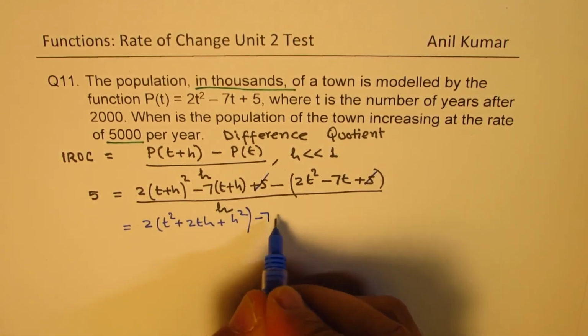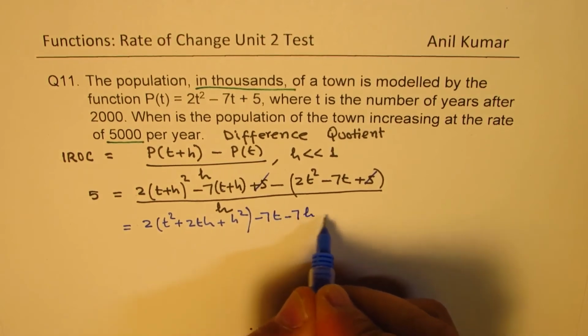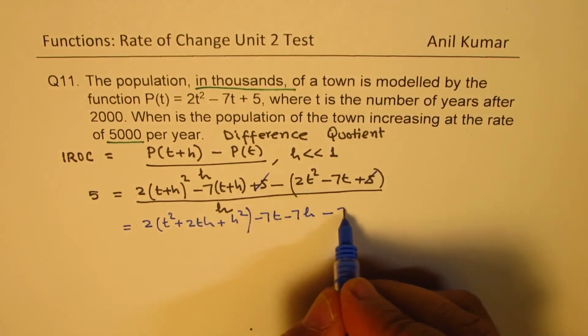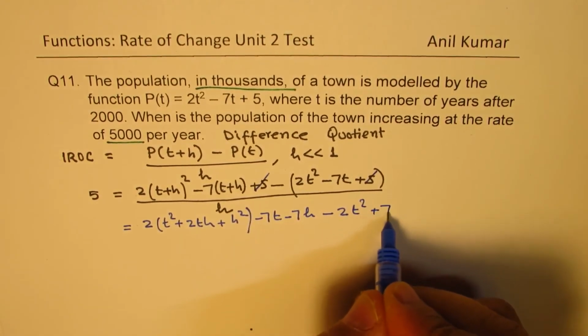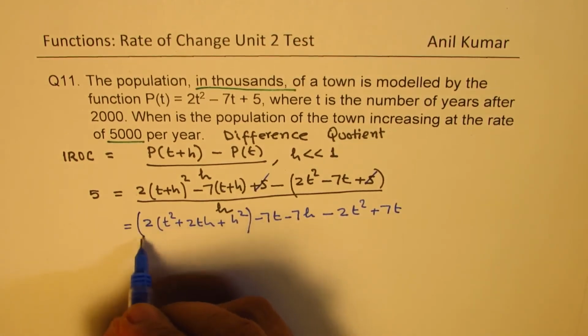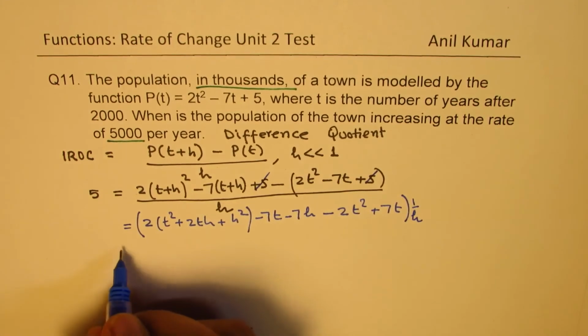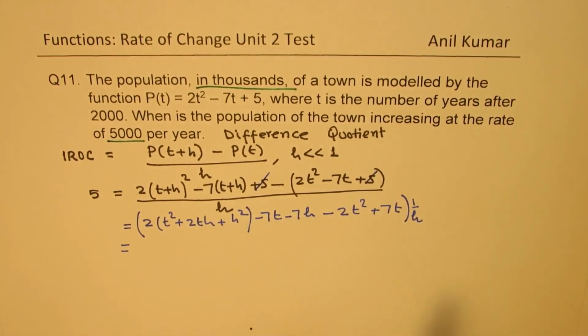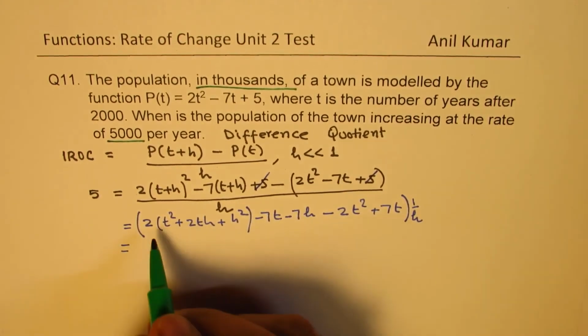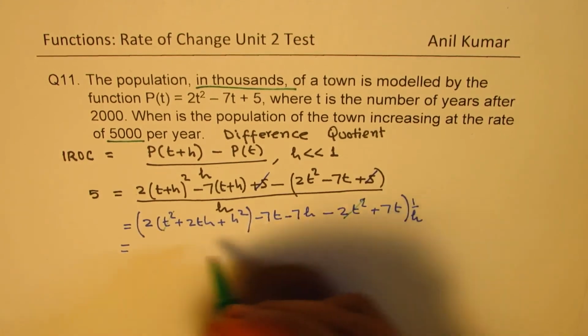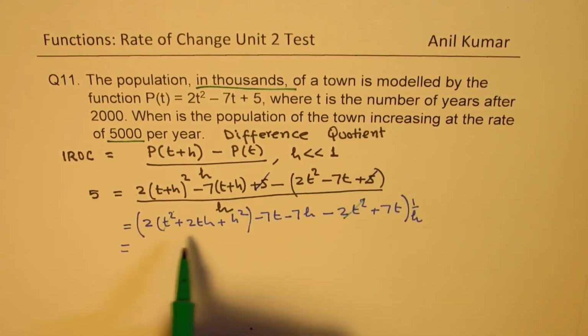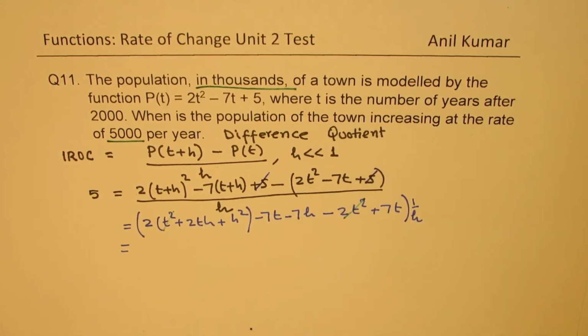And here we get minus 7t minus 7h, minus, opening this bracket, 2t squared plus 7t, right? All this times 1 over h, correct? Okay. Now, 2 times t squared cancels, right? And we are left with 2 times 2th.